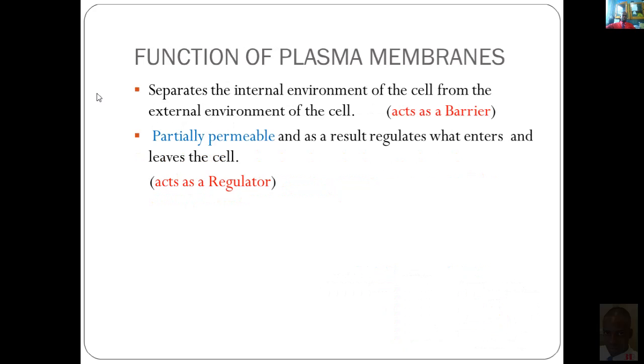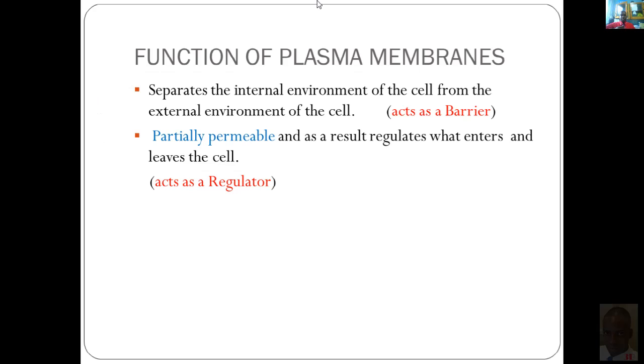Now, the function of the plasma membrane is basically to separate the internal environment of the cell from the external environment of the cell. So as a result of that, we could say that the plasma membrane acts as a barrier.